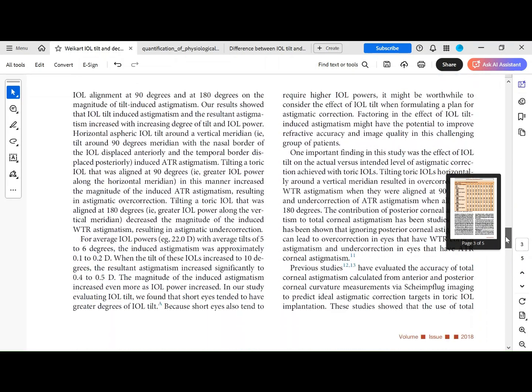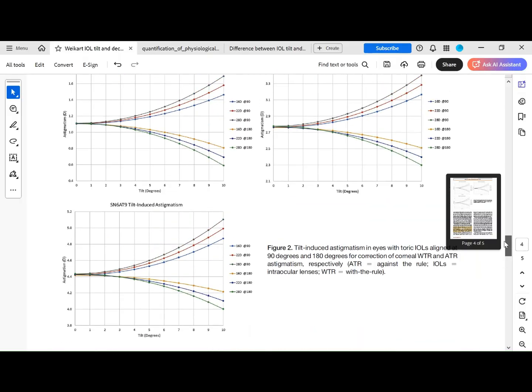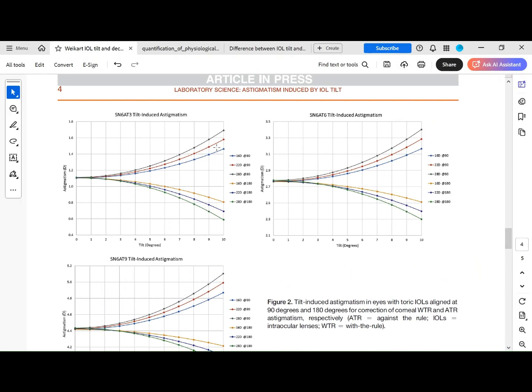If you also go into figure 2, it is dependent not only on power but also on the toric model. So T3, when decentered or tilted, will lead to less astigmatism than a T6 model. That is what you find over here.